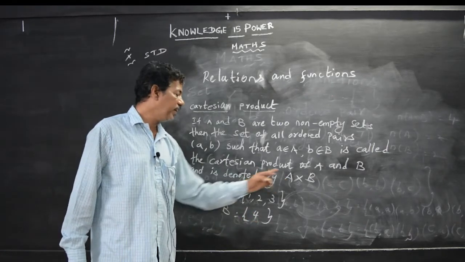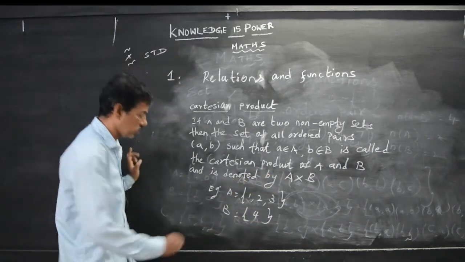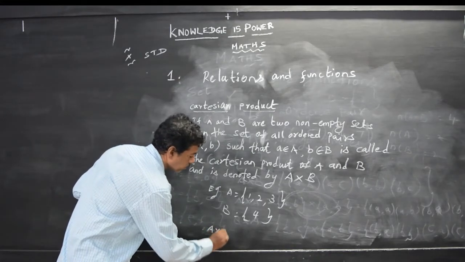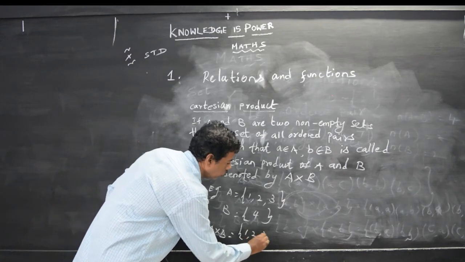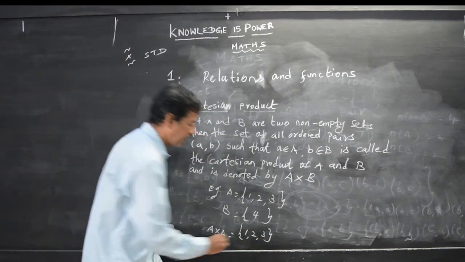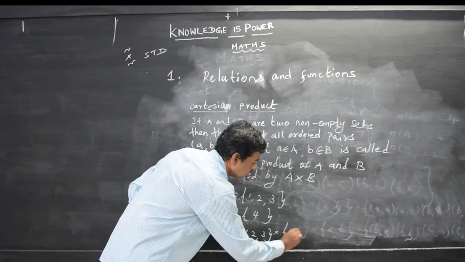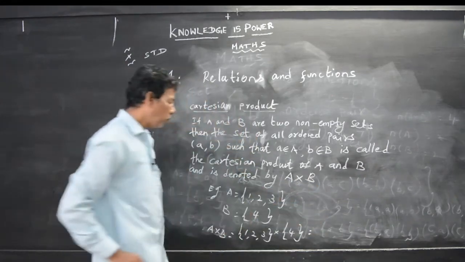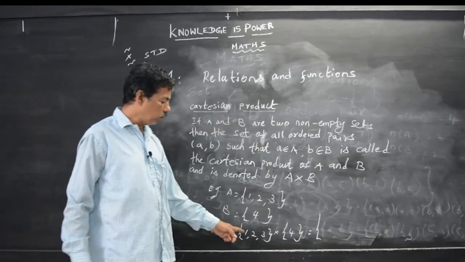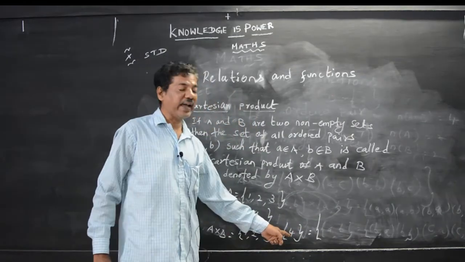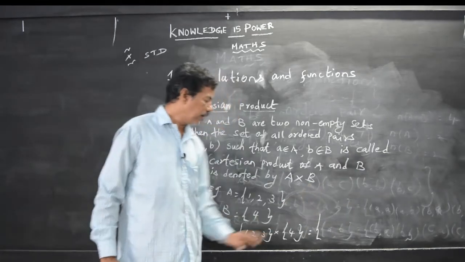Now if you find A cross B for this, how can we produce it? 1, 2, 3 is A, whereas this one is B. Now we have to find the answer. What is A cross B? Already I told you that when you multiply, the answer you get is the number of elements.